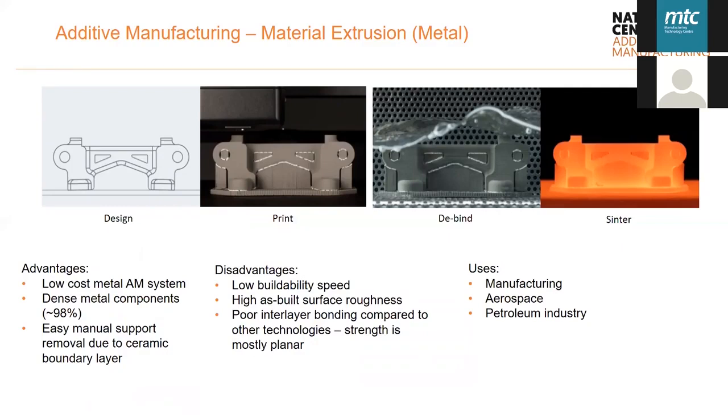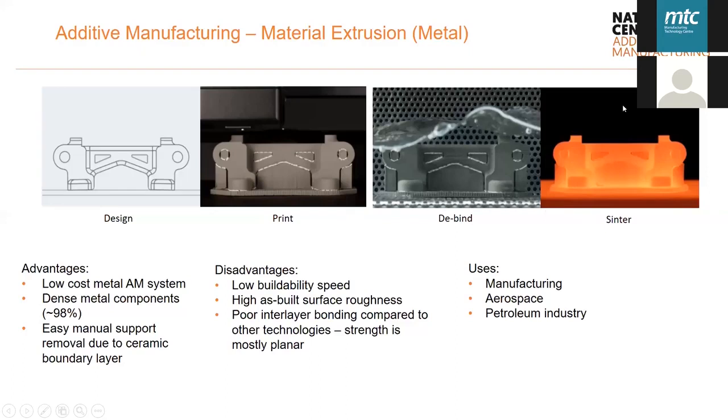It can also manufacture fairly dense components of 98%, and with some of the newer, more mature material extrusion technologies, you will actually print the setter with the component. There will be a ceramic layer deposited within the same system to reduce co-sintering during the sintering stage, which allows you to support significant overhangs, but also remove the support structure quite easily.